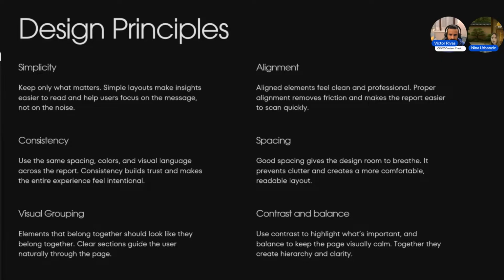Then, elements that belong together should sit together, right? So we should visually group the elements, the visuals that are about the same thing, so they can be read together. Then alignment.